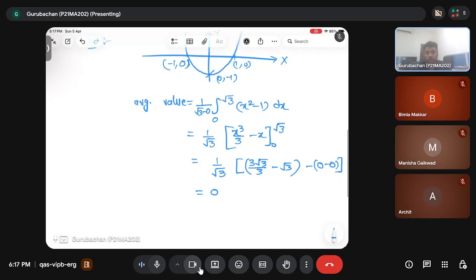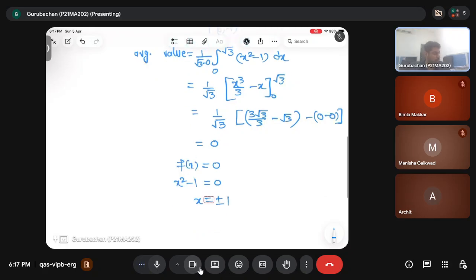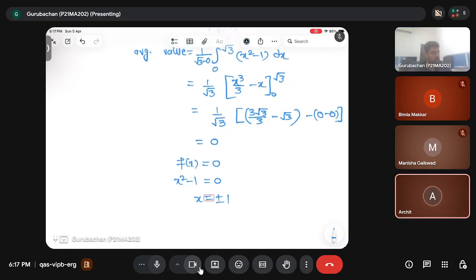And at which value of x is this value attained? At x equal to 1. So we need to put f(x) equal to 0 and check for which value of x this is attained. So x can be plus minus 1. As per the interval, only 1, since minus 1 is not in 0 to under root 3.